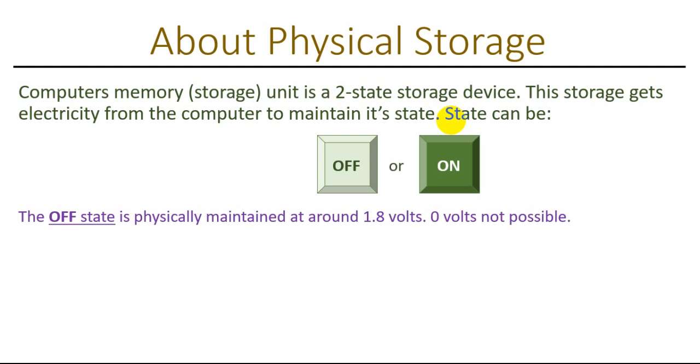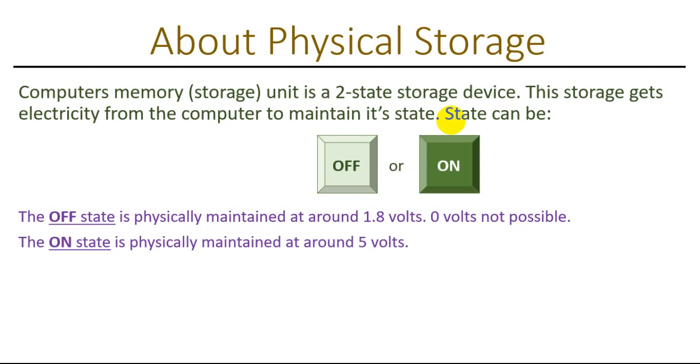So what we call off is actually a very low voltage, 1.8. The on state is physically maintained at around 5 volts, a higher value. So around 5 volts is on, around 1.8 volts is off. Those are the two states.